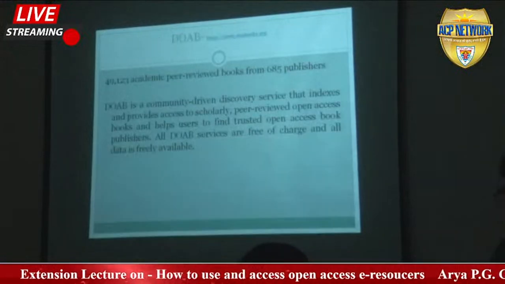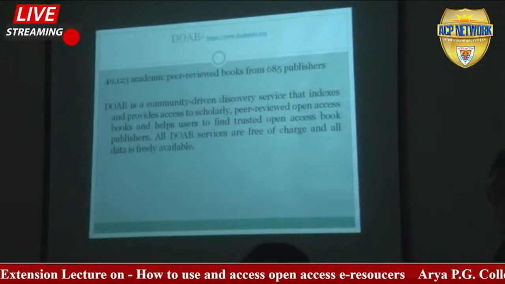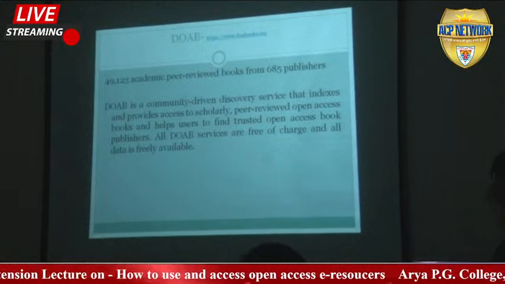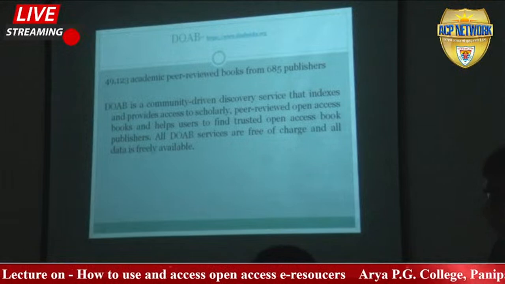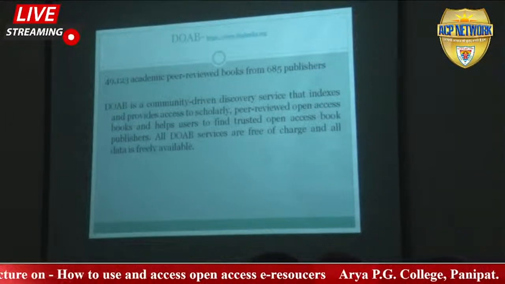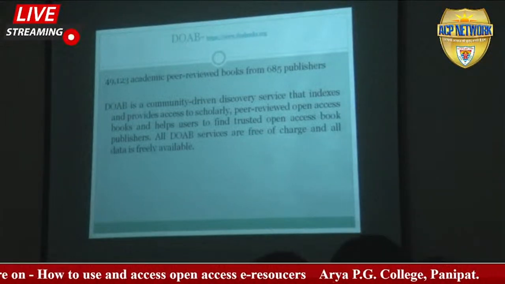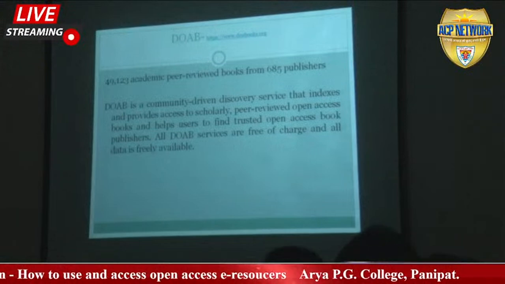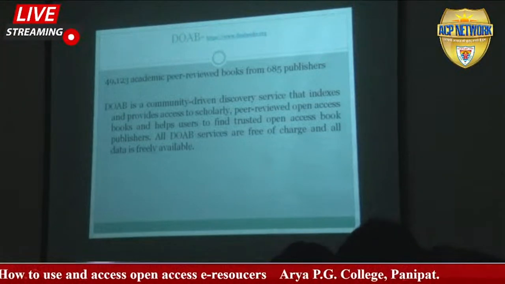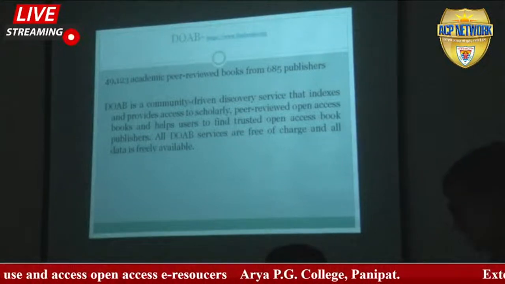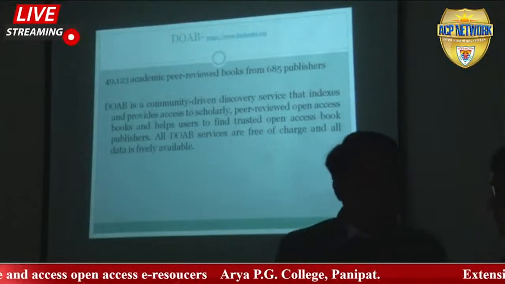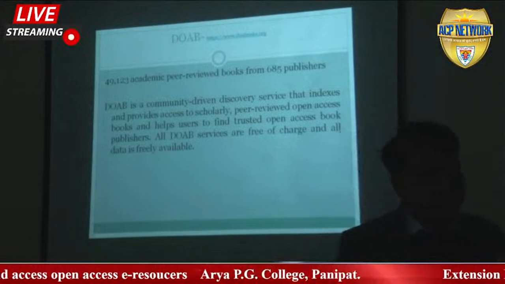Next slide, please. DOAB, that is the Directory of Open Access Books. If you need any books, these books are freely available and you can read them without any restriction. In DOAB, you will find 4,923 academic peer-reviewed books from 685 publishers all over the world in different subjects, because these books are available subject-wise.